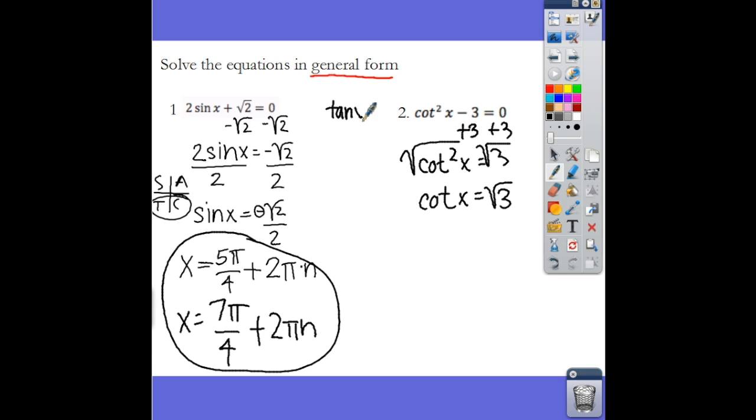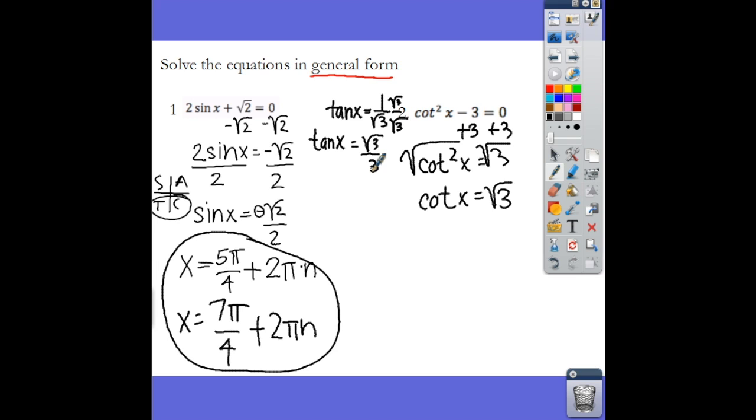So tangent of x equals 1 over square root of 3. Then you need to rationalize with a fancy 1. So you'll multiply by the square root of 3 over square root of 3 to get square root of 3 over 3.